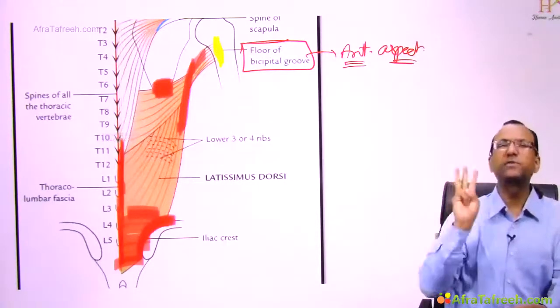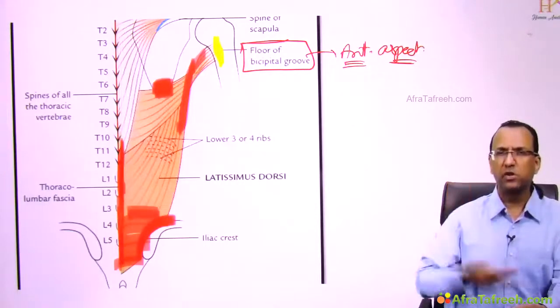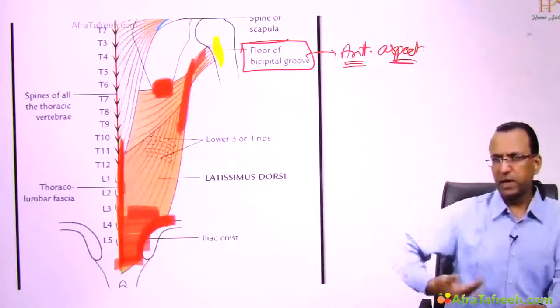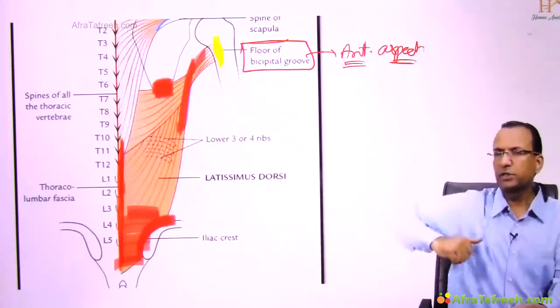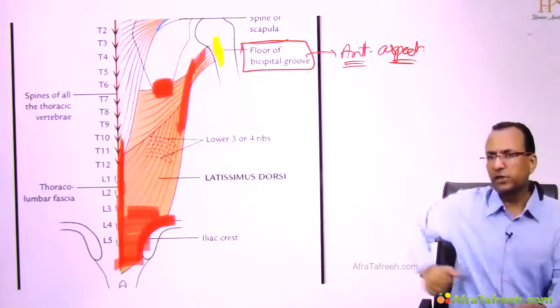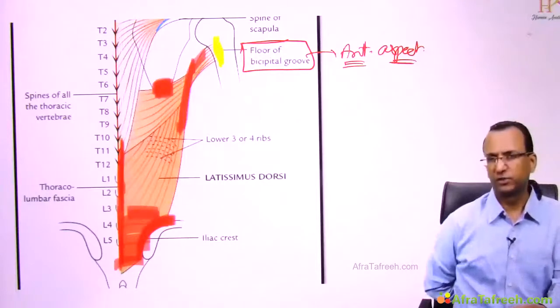The three activities of latissimus dorsi: it is not doing lateral rotation, it is doing medial rotation; it is not doing abduction, it is doing adduction; and it is not doing flexion, it is doing extension. So extension, internal rotation, and adduction to scratch the back. Yes, that is the job.